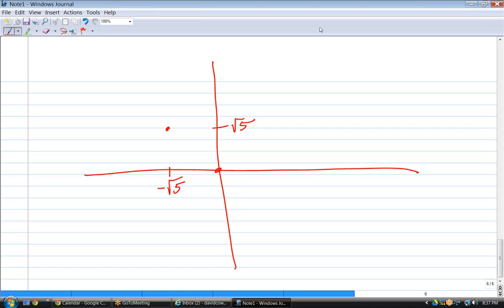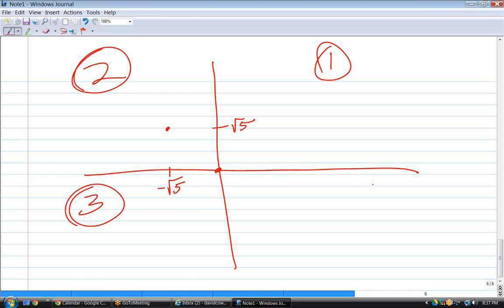The first. Now, this is the first quadrant, this is the second quadrant, this is the third quadrant, this is the fourth quadrant. The third. Remember, the diameter has to go through the center of the circle. So the fourth. Yeah. The other endpoint has to be about there.